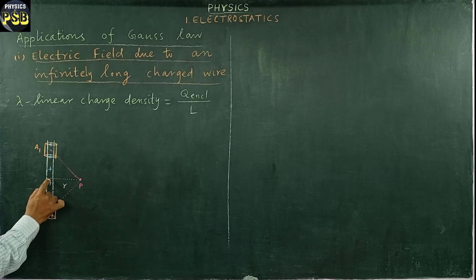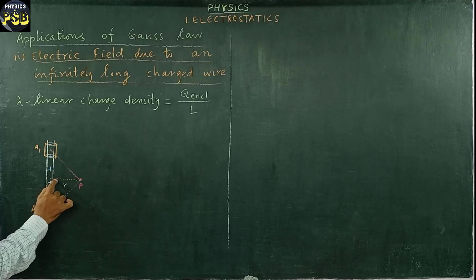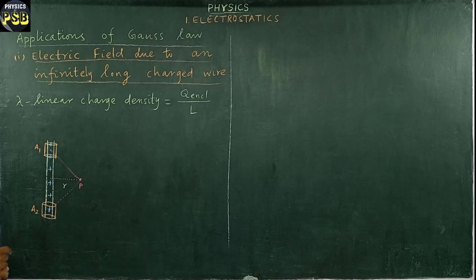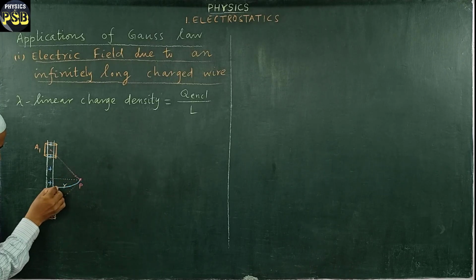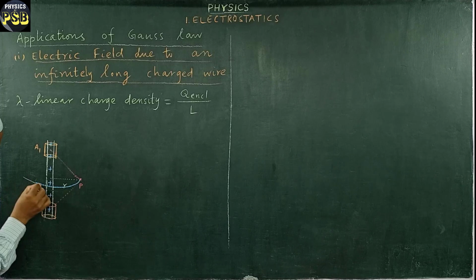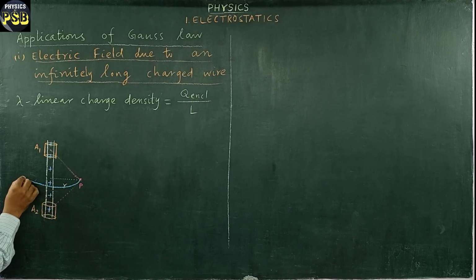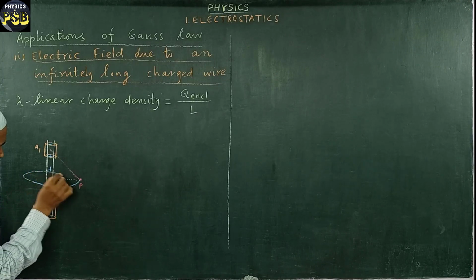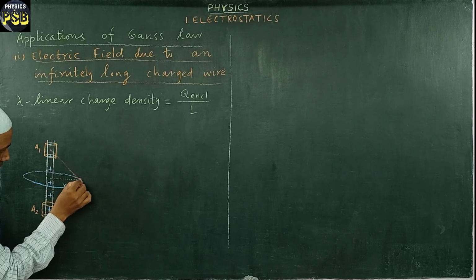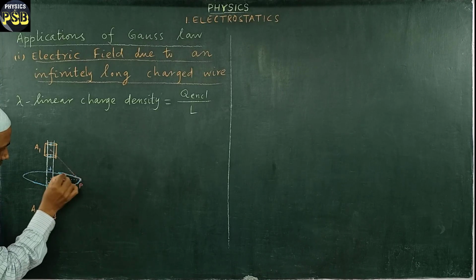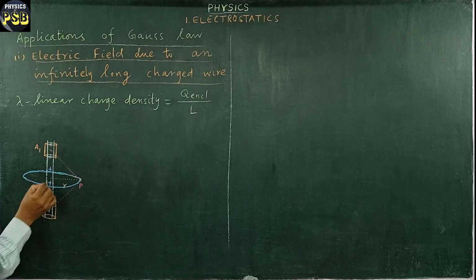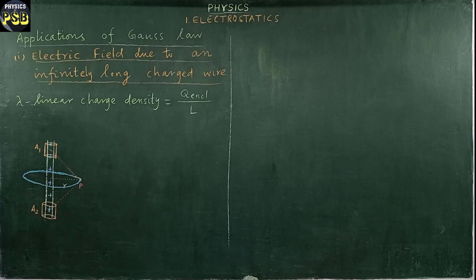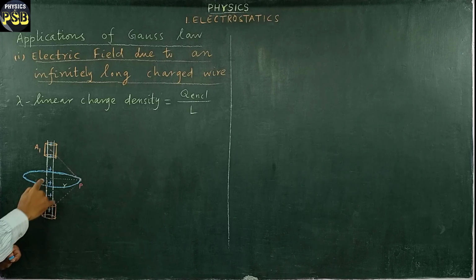Then by taking this perpendicular distance as a radius, I draw a circle. This circle has radius r, so it's nothing but the perpendicular distance.